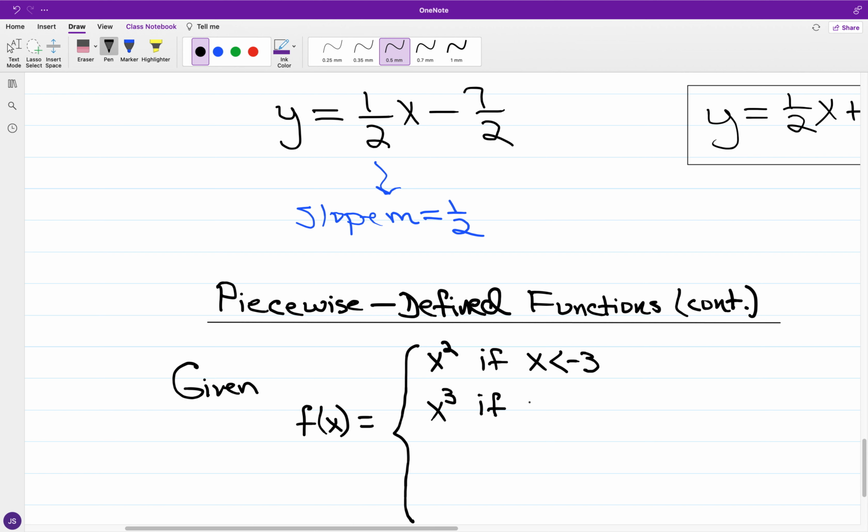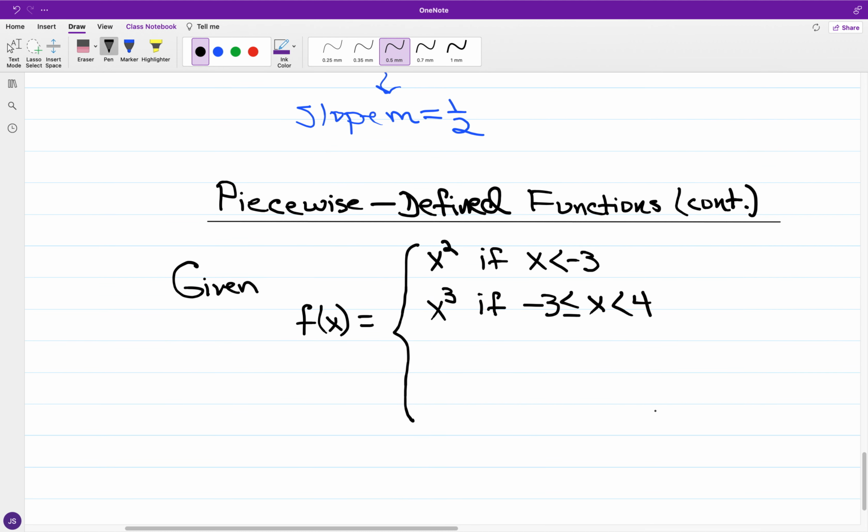If we have it such that negative 3 is less than or equal to x is less than 4. And just kind of rounding out the rest of the entire real number system, say as a third possibility, we have that f of x is equal to 7 if we have that 4 is less than or equal to x, which in turn is less than or equal to 8.